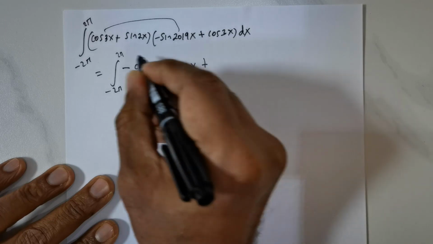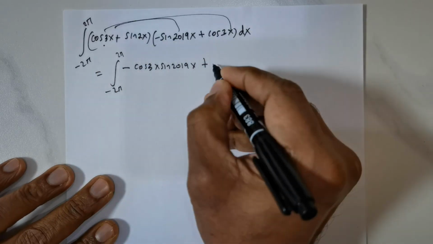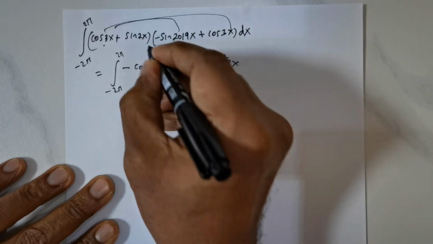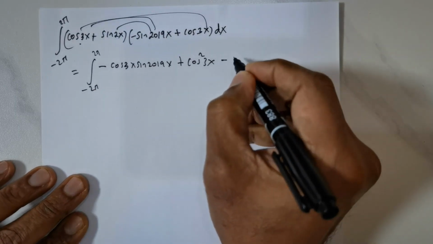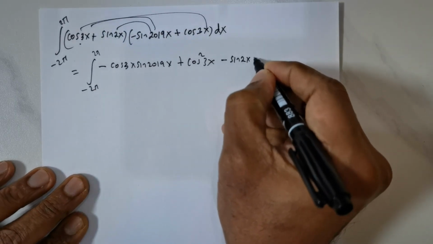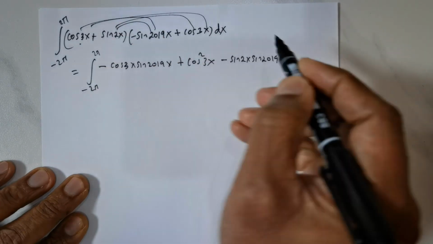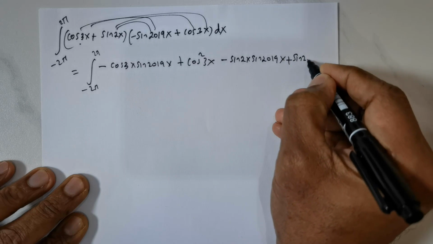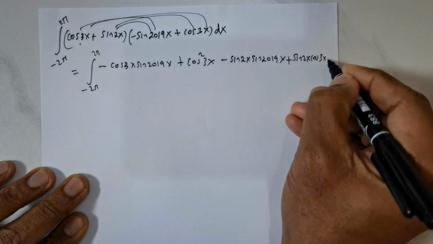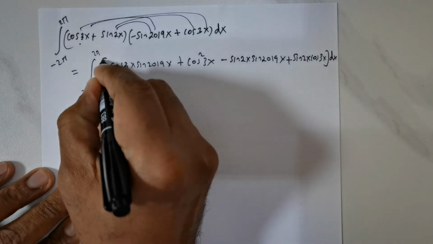2019x, positive cos 3x into cos 3x, which is cos squared 3x, and then you have a negative sine 2x sine 2019x, followed by sine 2x cos 3x, multiplied with dx.